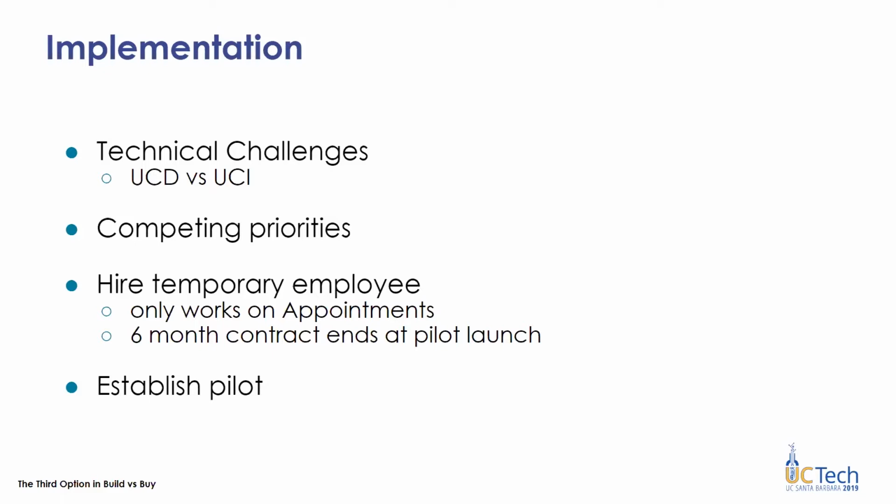So we were able to hire a temporary employee to come work for us that was focused on the appointment system. It was a 6-month contract, and their main goal was to get the system stood up at UC Irvine so that we could do a pilot with our customers to see if it was something that would actually work for them. So their focus was, just get it done, get it working, not necessarily doing it exactly the right way.